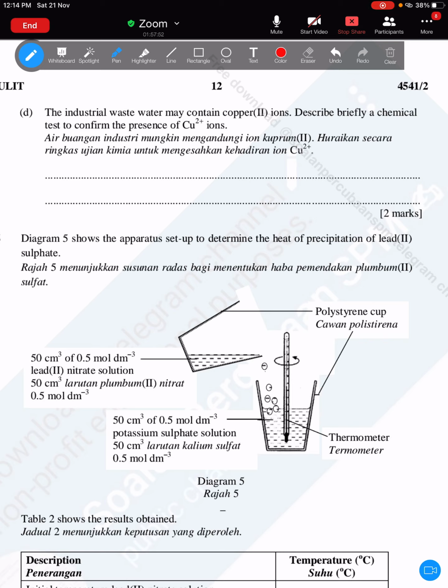The industrial wastewater may contain copper(II) ions. Describe briefly a chemical test to confirm the presence of Cu2+. Again, it's a simple cation test. I have told you, you can use either NaOH or ammonia. Which one do you want to choose?